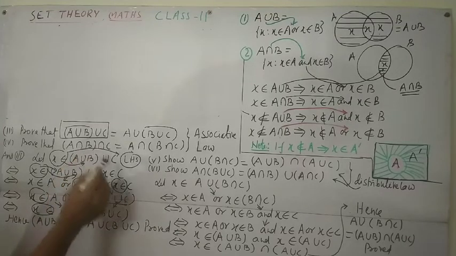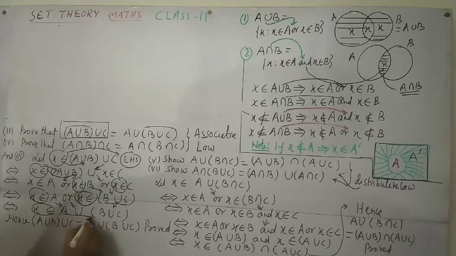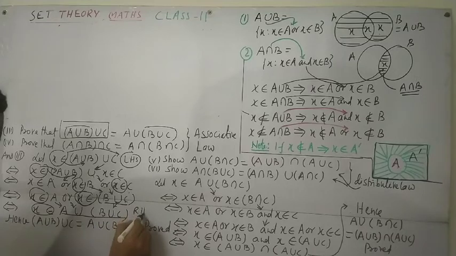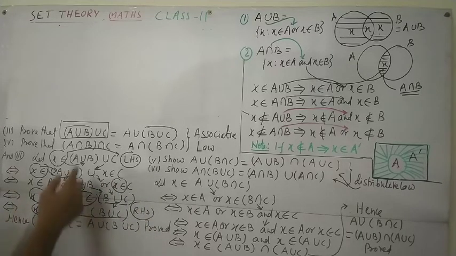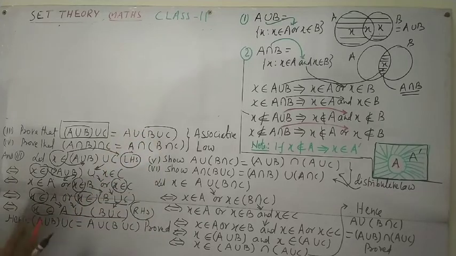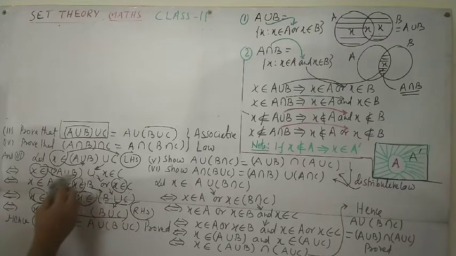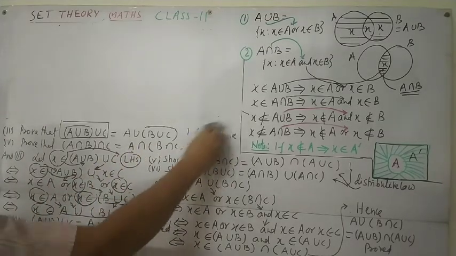So we have started from LHS and we have got RHS. This is your RHS. So directly you can write this is equal to this proof, starting from LHS and getting RHS. Both sided implies is the symbol. So the associative law is also answered.